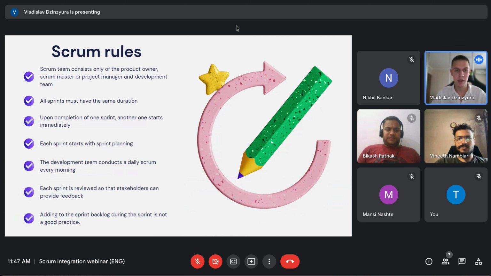So, for example, if we already discussed our sprint and we are working on the tasks that were assigned, if we receive some improvements or any other new tasks from the client, they are put into the backlog, but they can't be done during the sprint. So it's really important to stick to the sprint tasks that we have discussed. And the new tasks can be done after we finish the sprint.